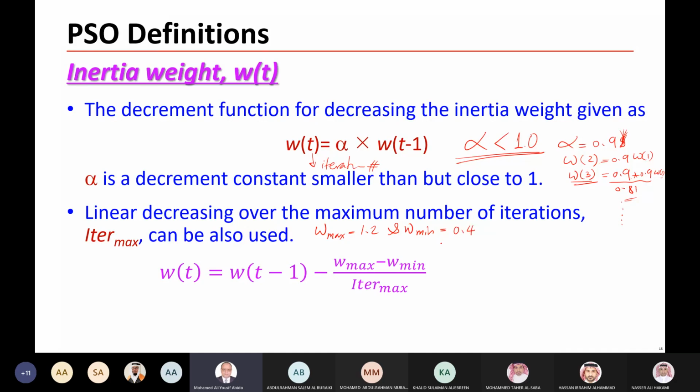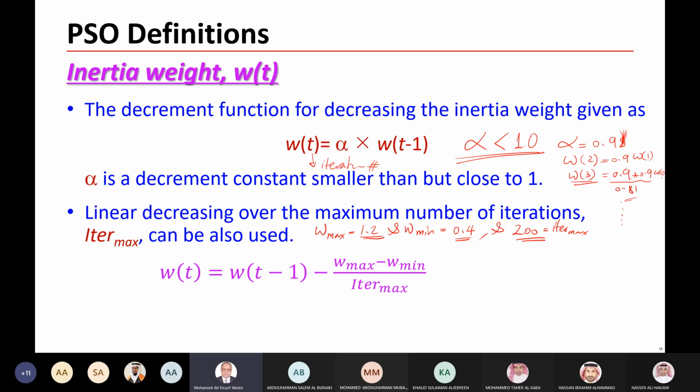These are typical values, by the way. And I will set the number of iterations to, for example, 200 iterations max. This is iteration max. So you start from 1.2 at iteration 1, and at iteration 200 you reach 0.4. So this is the maximum value at the first iteration, and this is the minimum value at the last iteration.